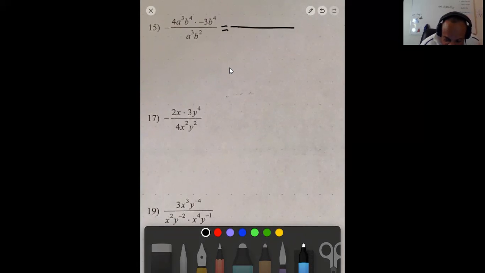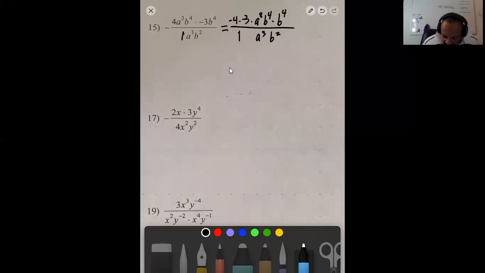So this is going to be a negative 4 times a negative 3 divided by, and there's no number on the bottom, so I'm just going to put a 1 there. Now, let's focus on the variables. So we've got a cubed, b to the 4th times b to the 4th, and then on the bottom, we have a cubed b squared.